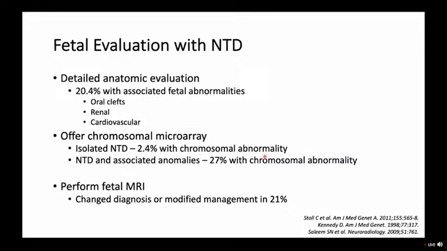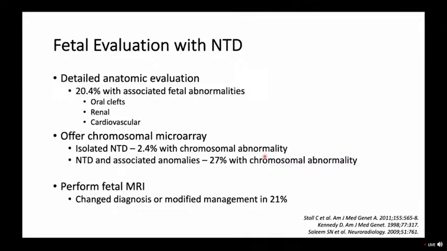Cleft lip or spina bifida and a heart defect, definitely recommend amnio. If spina bifida is the only finding, a chromosome abnormality is exceedingly uncommon. 98% of patients don't have any evidence of one. If patients qualify and want in utero surgery, they must have an amnio as well to know that we're doing surgery on a genetically normal fetus.